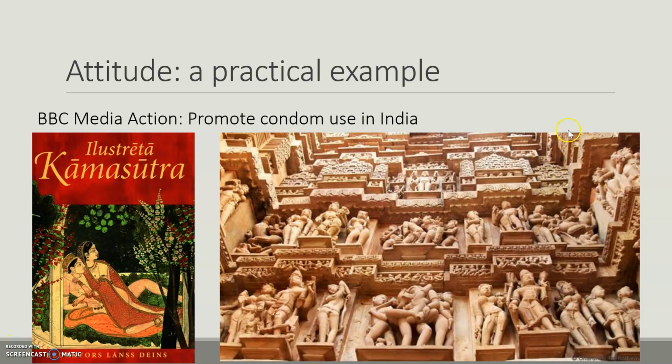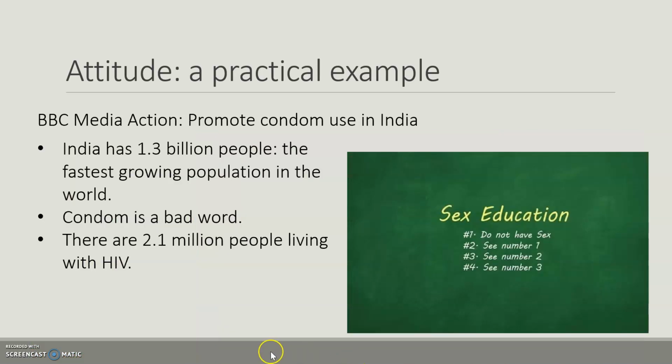As you can see, these are the details of the temples on the right side of our screen. So we can see that India has a great history in erotic love, with so much artwork and text about it. But in modern society, sex is a taboo topic in India.